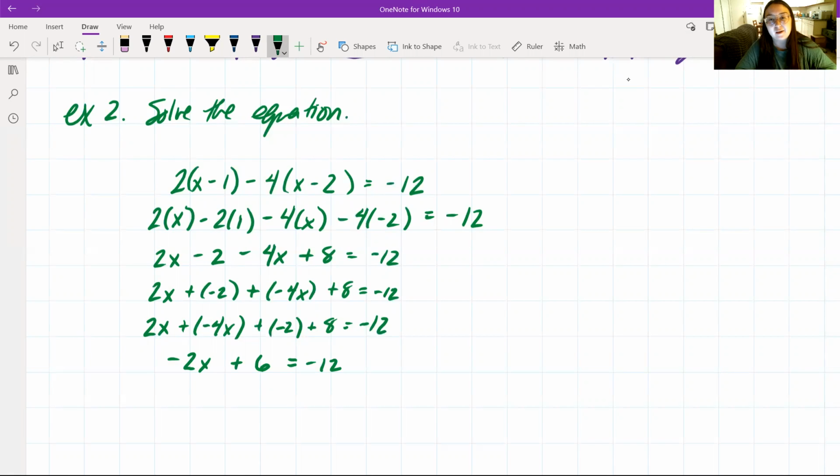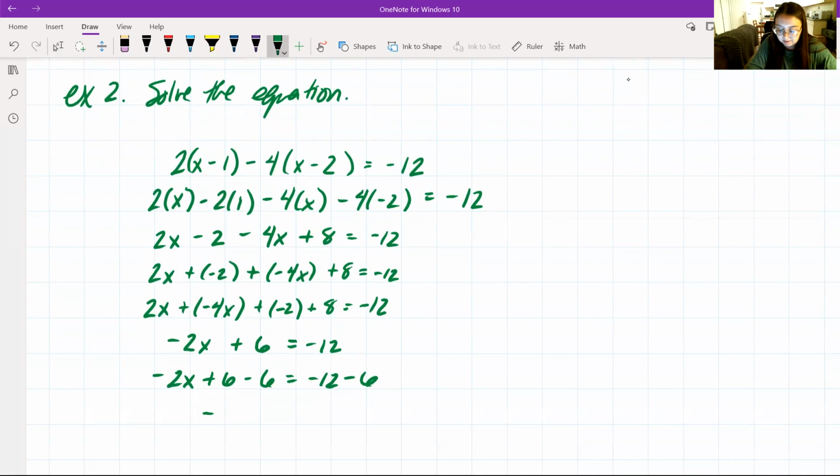So now we have x with a coefficient plus 6 is equal to some number. We want to use our addition property of equality in order to get rid of our 6 here on the left-hand side. So let's subtract 6 from both sides. This gives us negative 2x plus 6 minus 6 is equal to negative 12 minus 6.